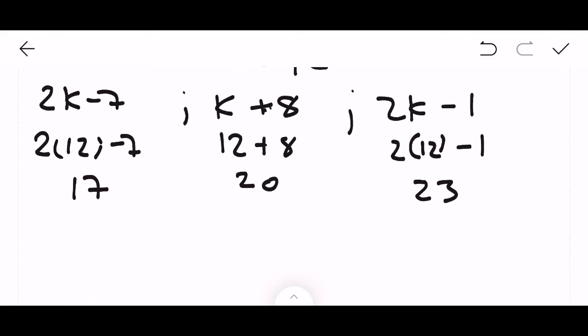So now, in order to get the general formula for this pattern, we need to get the actual common difference.